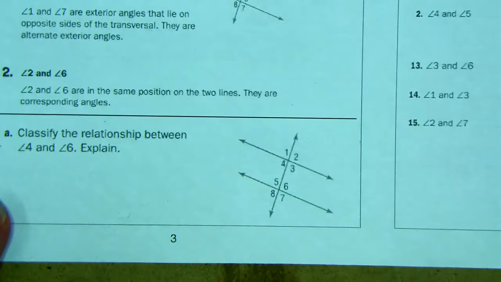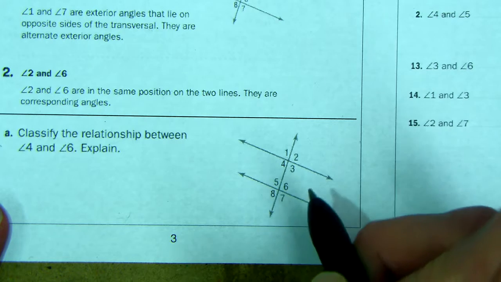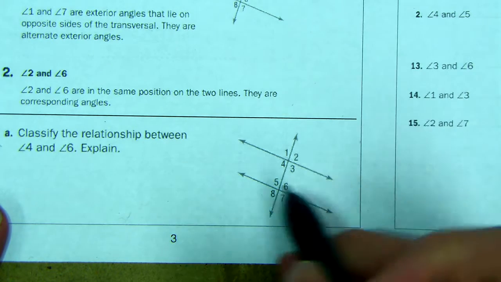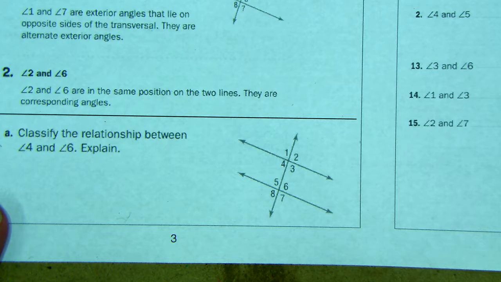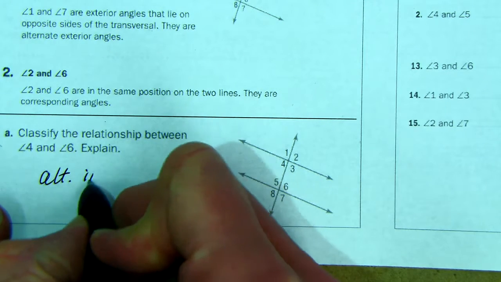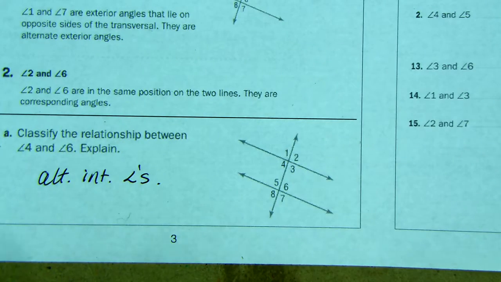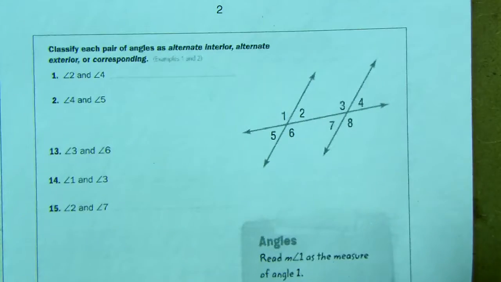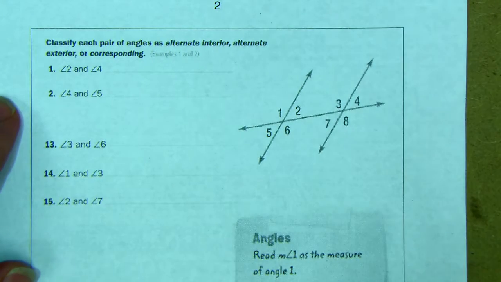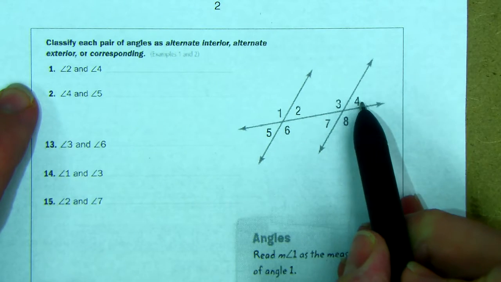All right, how about angle 4 and 6? This angle and this angle. First thing I'm going to point out, hey, guess what? They're both interior, and you'll see they're on opposite sides of the transversal. So they are alternate interior angles. Notice my abbreviation. You are welcome to use that as long as you understand what they mean. Okay, let's slide over to slide number 4. Again, alternate interior, alternate exterior, corresponding. So 2 and 4, find 2 and 4 here and here.